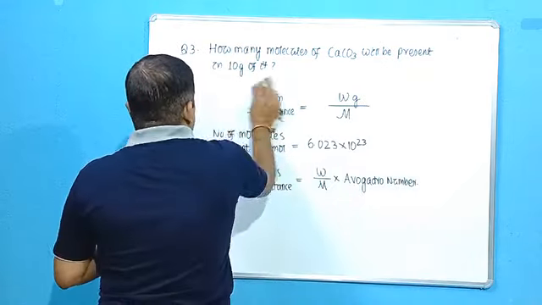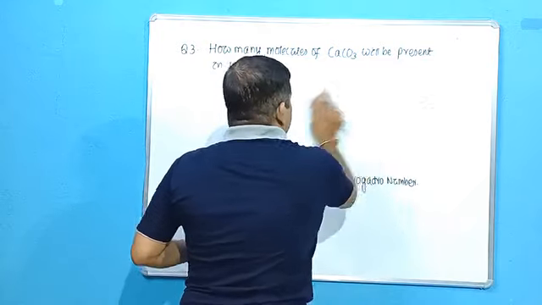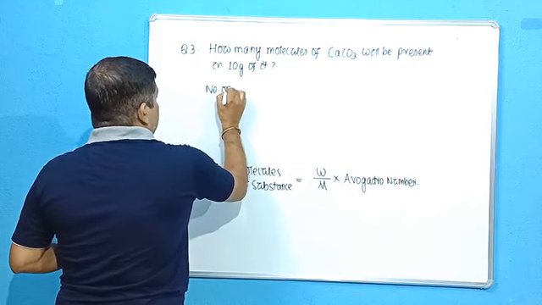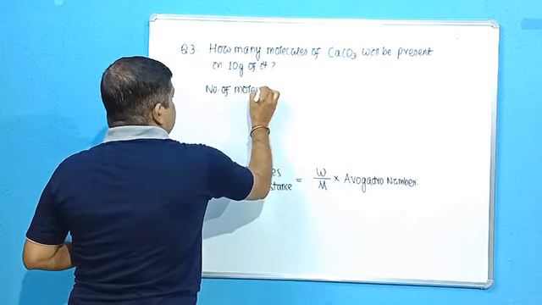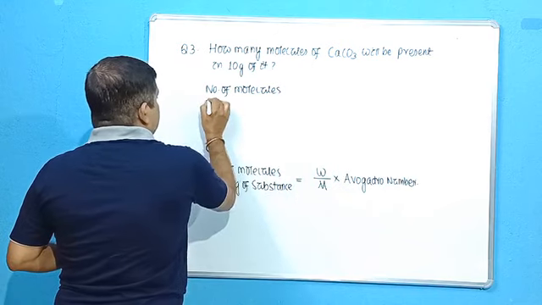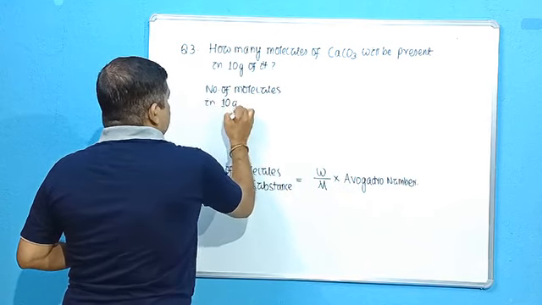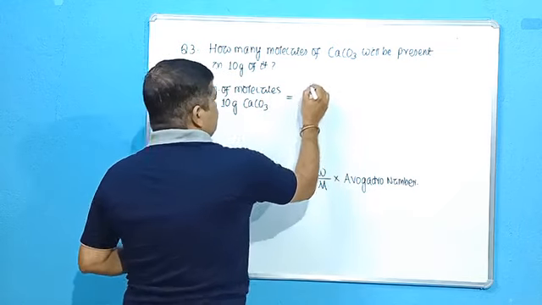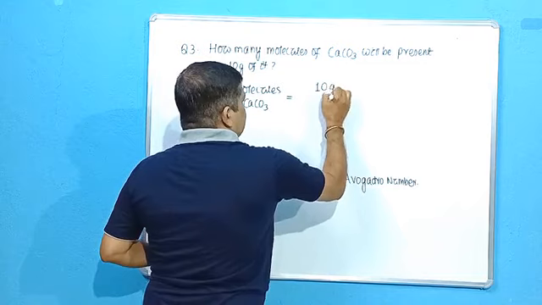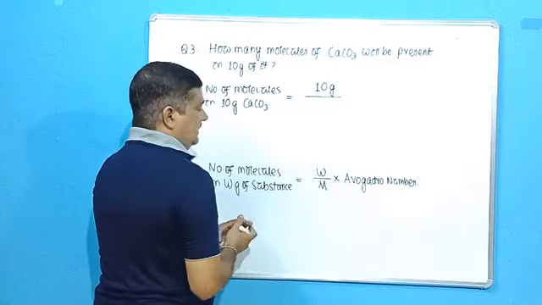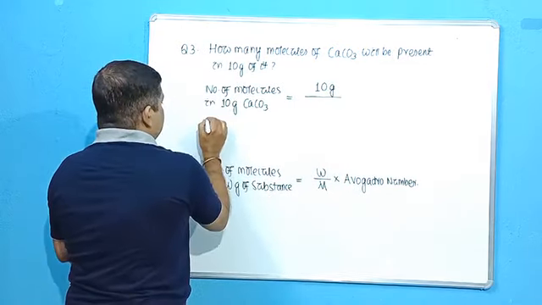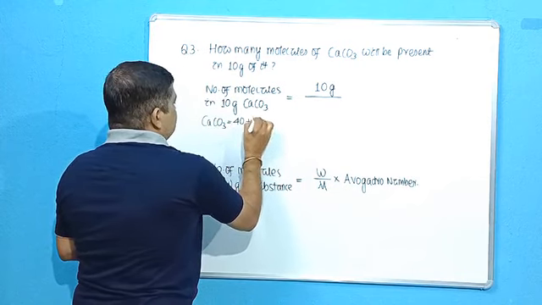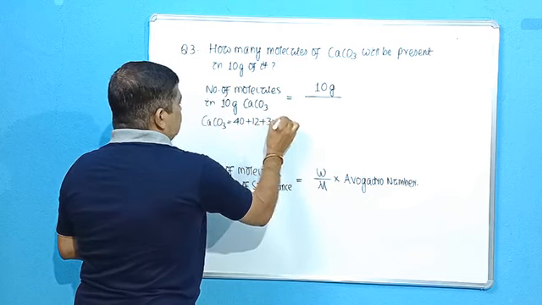We'll put the formula directly for question number 3. So what will be the number of molecules in 10 gram calcium carbonate? Use the formula. Given mass is 10 gram divided by molar mass. Calcium carbonate: calcium is 40, carbon is 12, plus 3 into 16.